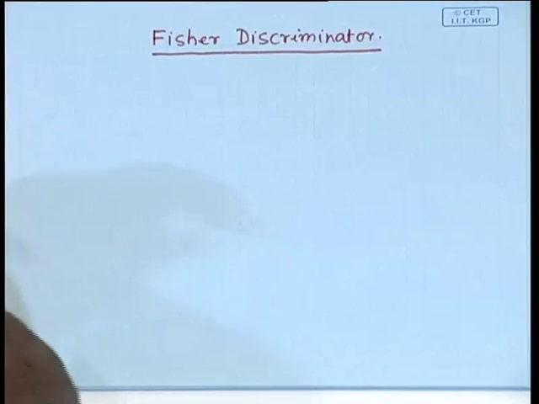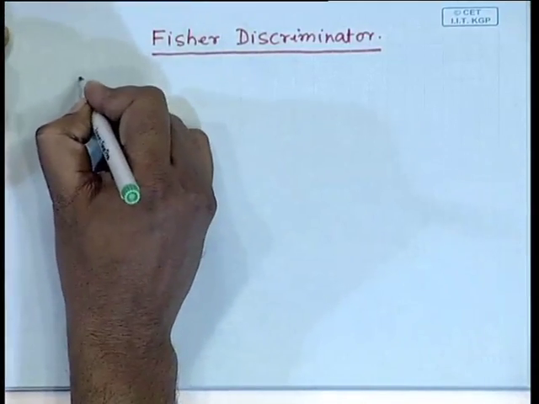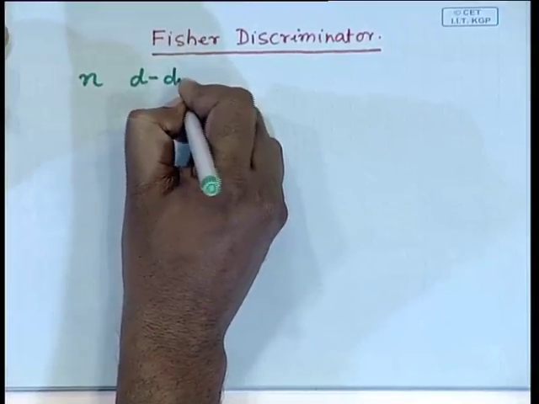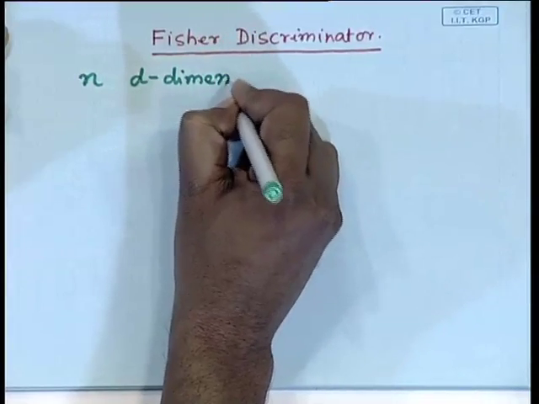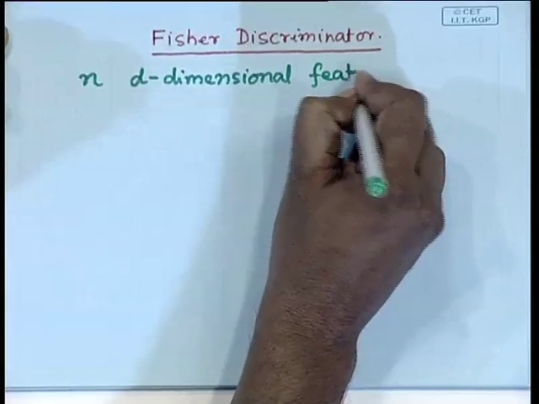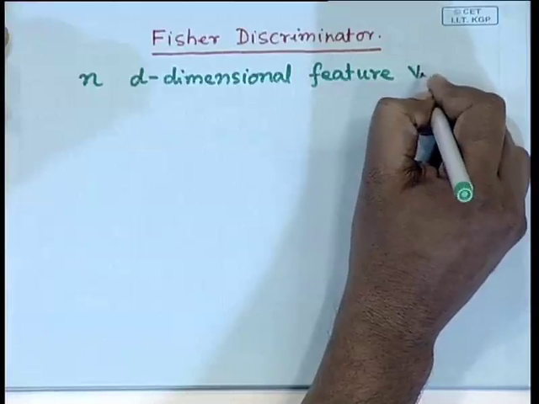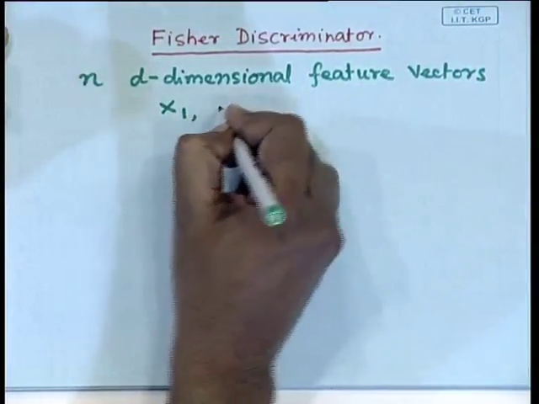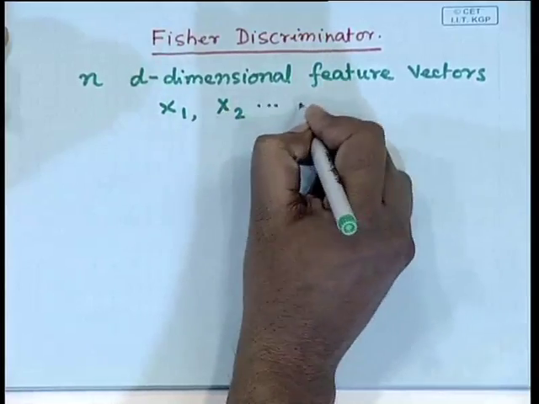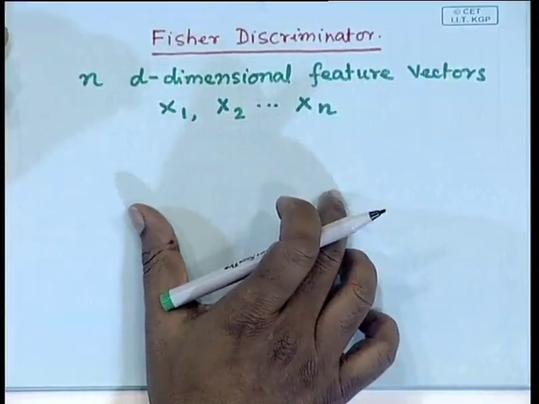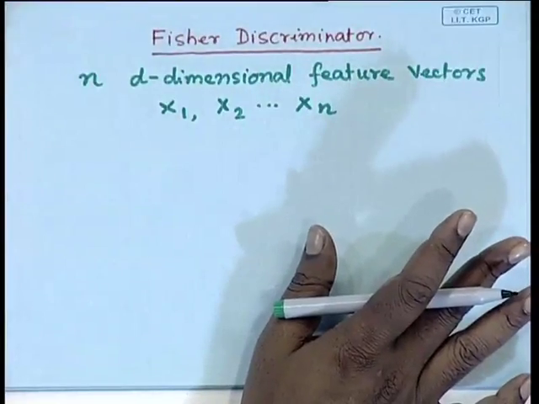Let us assume that we have n number of d-dimensional feature vectors, which are say x 1, x 2 up to x n. These feature vectors are partitioned into two different sets.